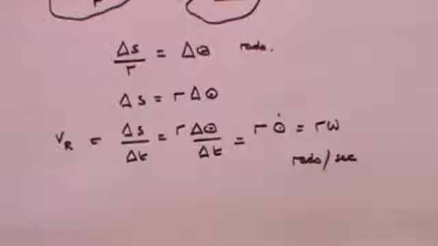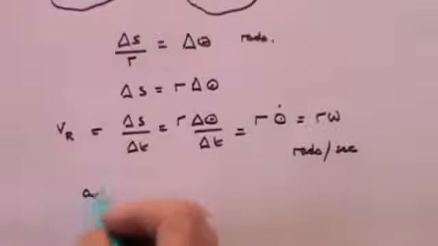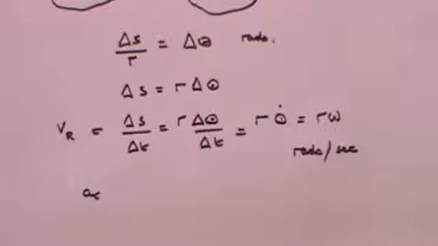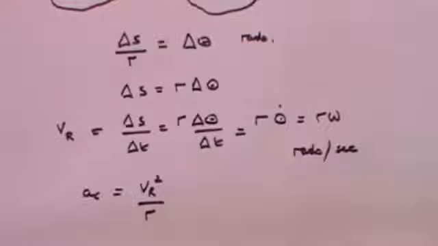In the video on circular motion A-level physics, I also showed that centripetal acceleration, which remember is the acceleration towards the centre, it's not the rotational acceleration, it's the acceleration which is part of the force which keeps the body rotating, is equal to the rotational velocity squared divided by the radius.